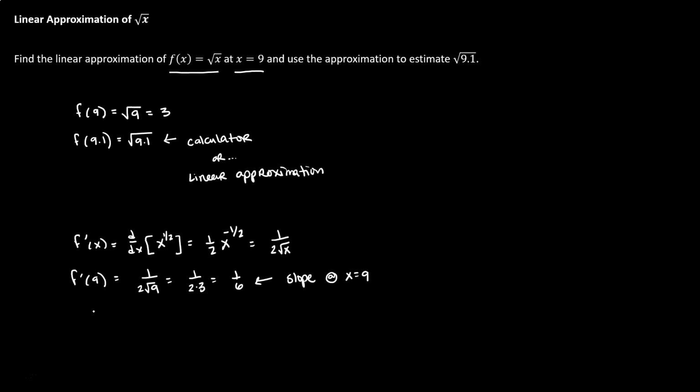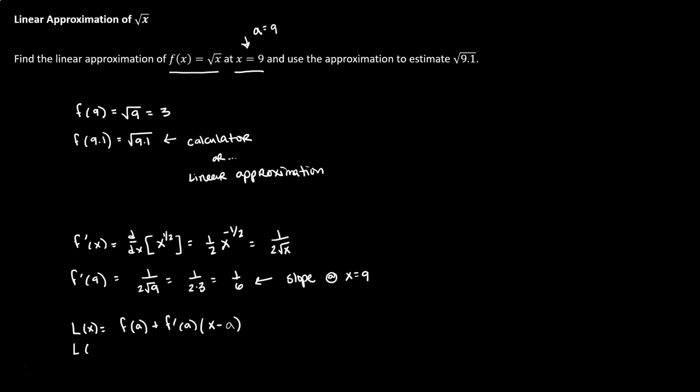Now from here, we're going to put together the things that we know to create our linear function. We're going to call that capital L of x, and that's going to involve our function at the known point that we're using, plus the derivative at that same known point times the change in x. Oh, didn't mean to write x1 there, that should be an a. In this case, the a value is the known point, so this x equals 9, this is what we're using as a.